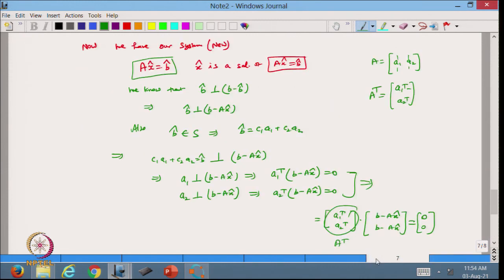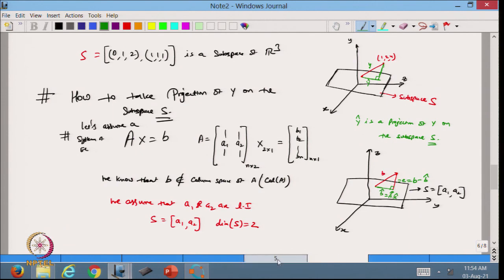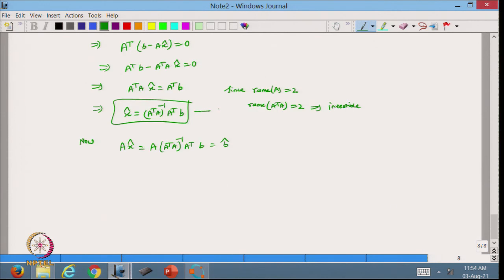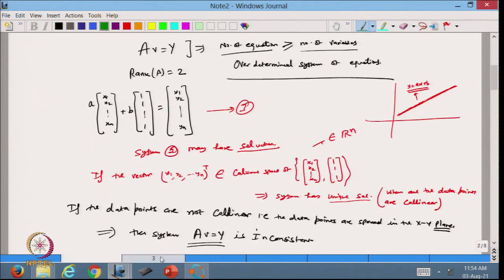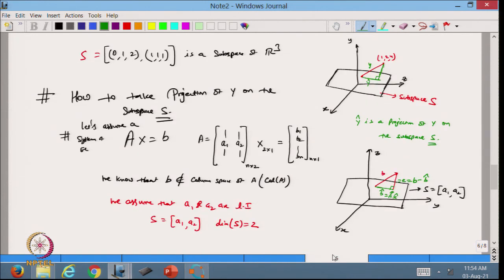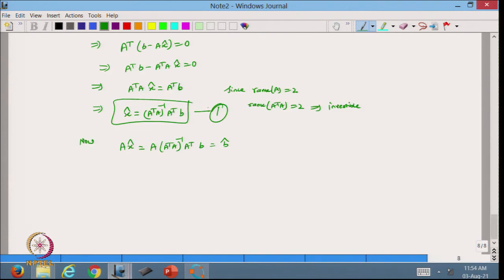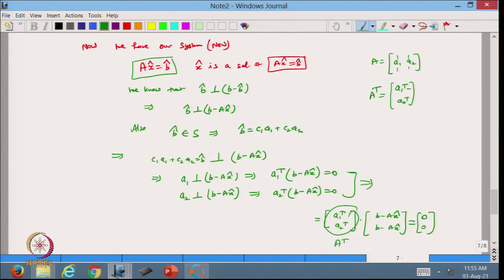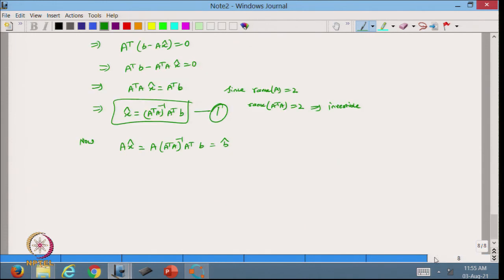I started from the generalization, so this is my equation number 1. Now this is 2, and I can write this as equation number 3.